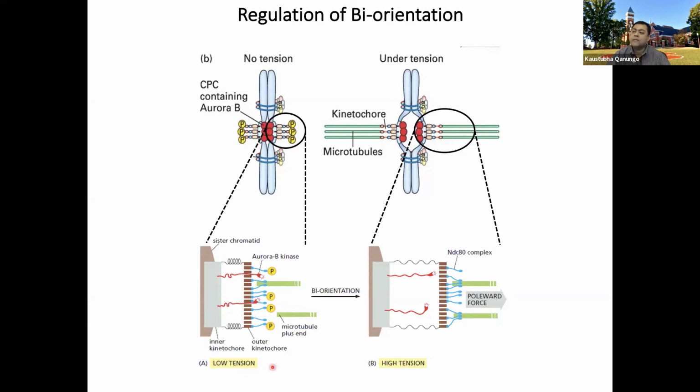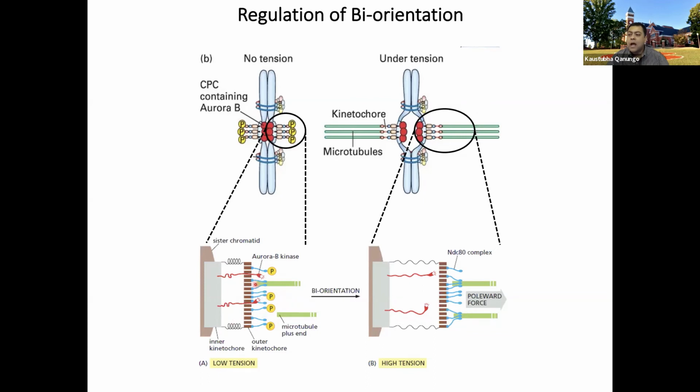Now, as the cell goes from the prometaphase towards the metaphase, more and more microtubules are growing. Initially the amount was just low, and now it is growing and growing. So some of these microtubules will be associated with the inner and outer kinetochore, and will try to pull the kinetochore towards itself, as you know.